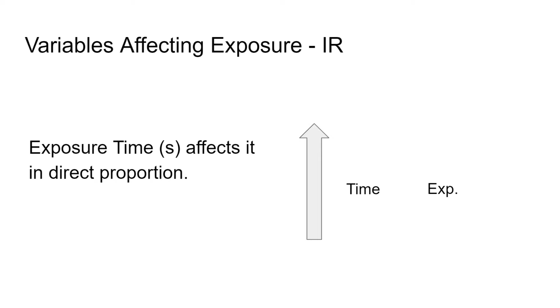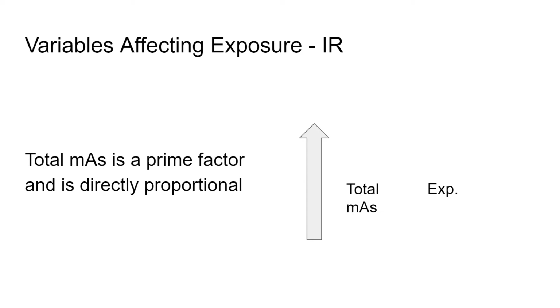Okay, so we spoke about exposure time. Directly proportional, as well as mA. Double the time or double the mA, and the exposure goes up. mAs, which is the product of mA and time, if that goes up, then we should know that exposure goes up. Half the mAs, half the exposure.